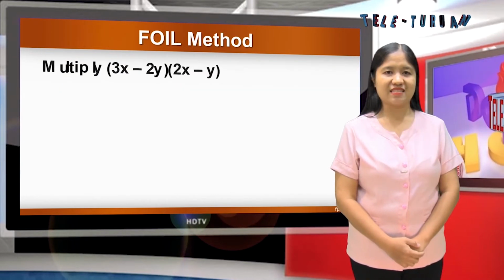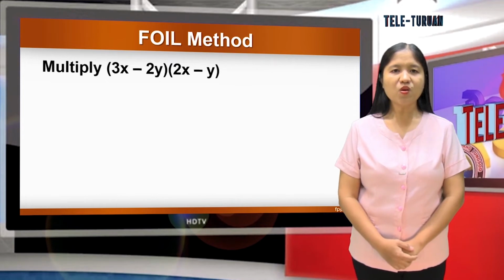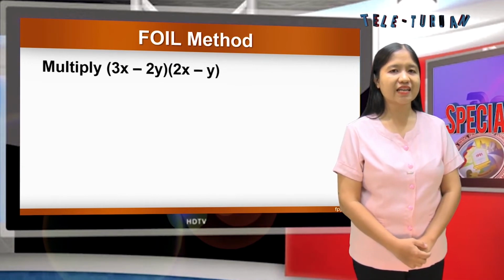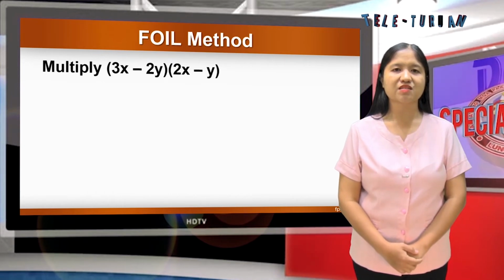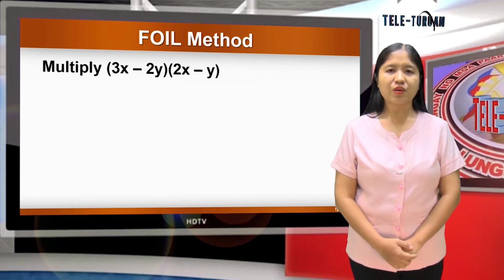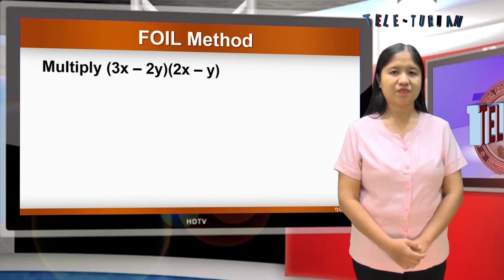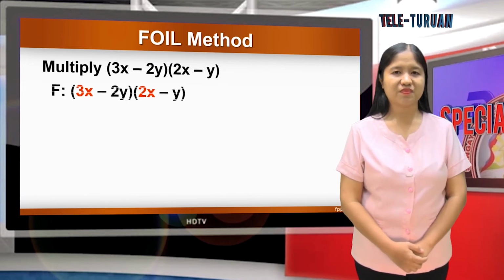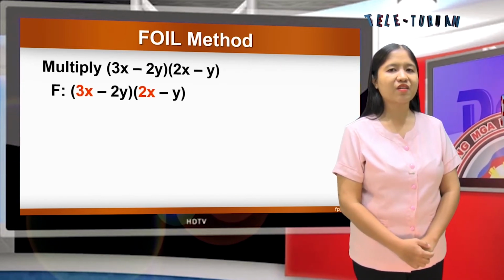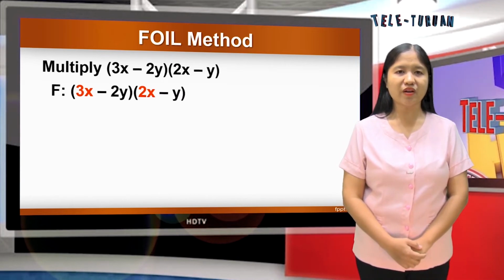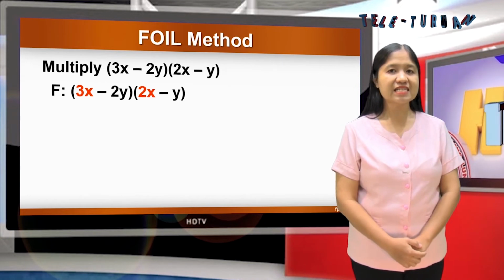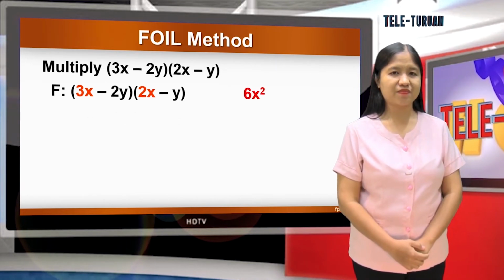Let us try this. Multiply the quantity 3x minus 2y times the quantity 2x minus y. What will we do? That is correct. First, multiply the first terms. That is 3x times 2x, which is 6x squared.